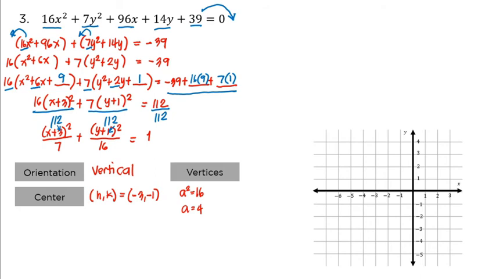Okay? Now, since the orientation is vertical and our center is negative 3, negative 1, which is located here, so the vertices now ay 4 units above and below the center kasi vertical ang ellipse natin. So, 4 units above and below.